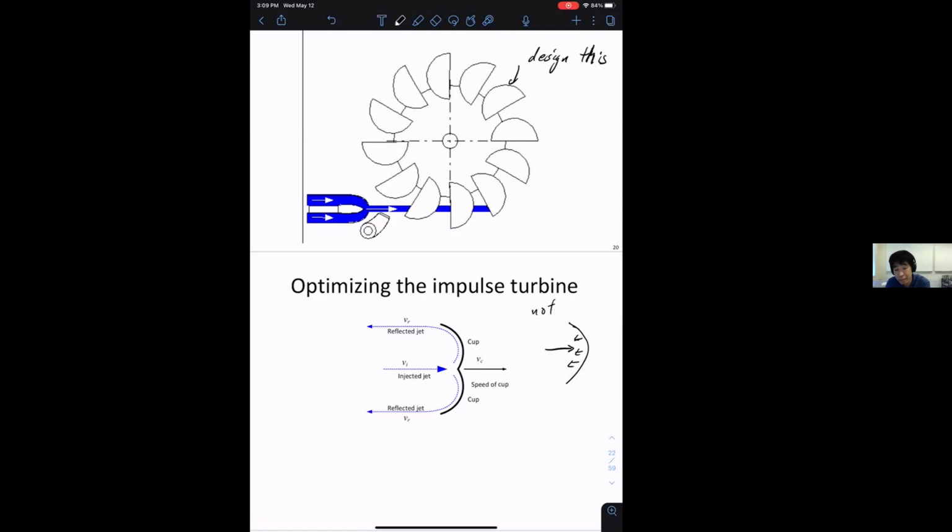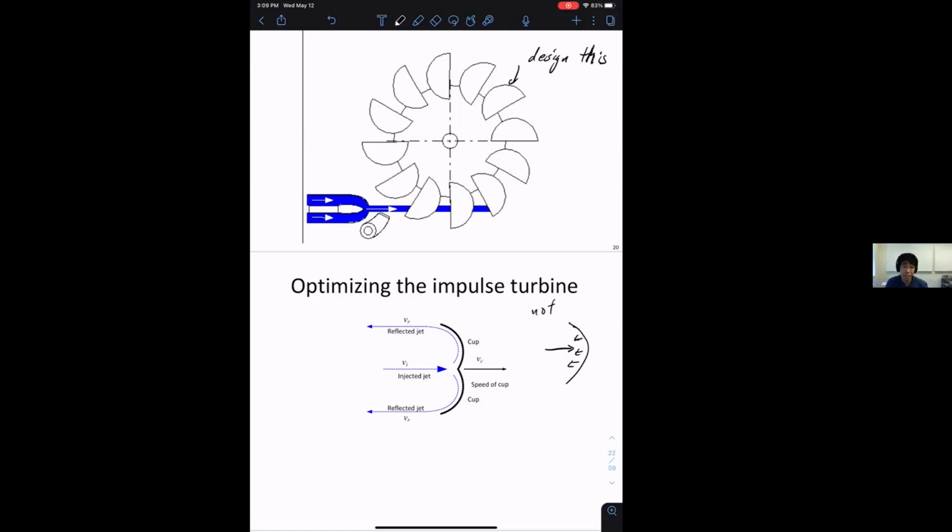So this reduces efficiency, because your water hits it and everything bounces straight back, and this cancels some of the incoming water. This is the problem with something like a mirror. If you have a convex mirror, something hits it and gets reflected back, and that's not good if you have additional water coming in.